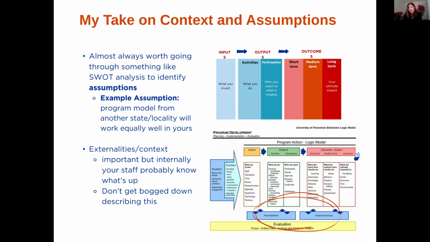Doing something like a SWOT analysis can be very helpful. Like I was saying, with all of the things that go in the bottom of the University of Wisconsin model, you don't have to put it on your logic model if you don't want to. And also in many cases, your funder may have an idea of what belongs on your logic model. So if your funder tells you you have to put assumptions and external factors on there, put them on there. But if they're not helpful to you from your internal perspective, do what works for you.